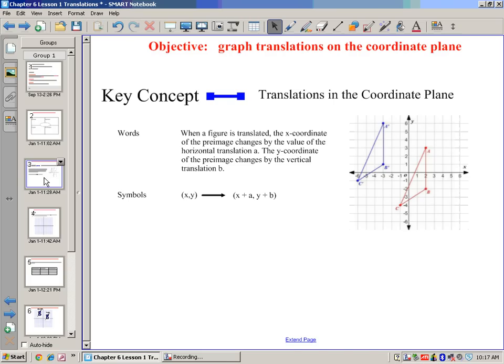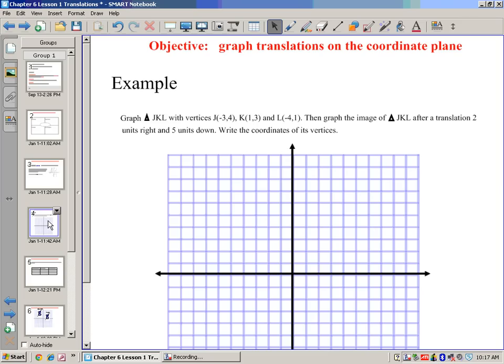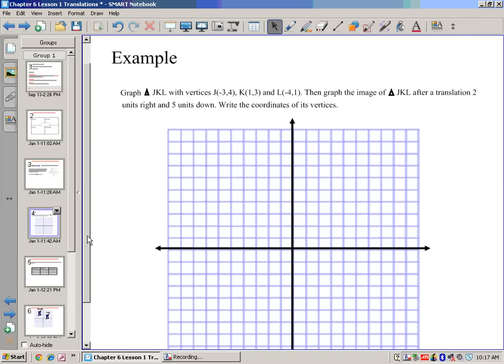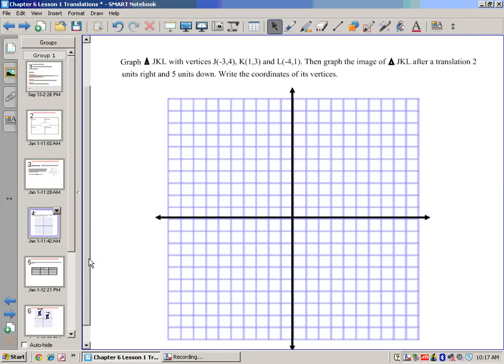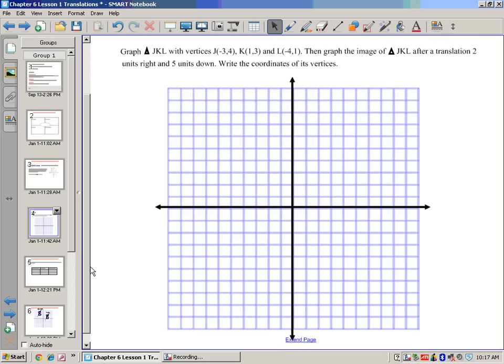Okay, let's jump into a couple examples here. First example, they want us to graph a triangle JKL with those vertices. And then we're going to make it a translation. So let's graph the triangle JKL. Negative 3, 4. Start at the origin right in the middle. Negative means we're going to the left first. 1, 2, 3, up 4.